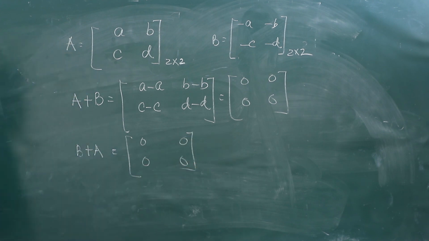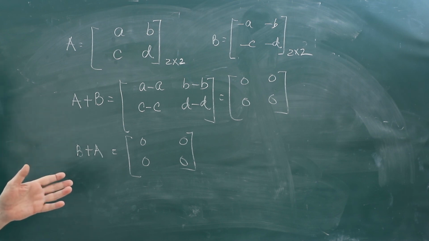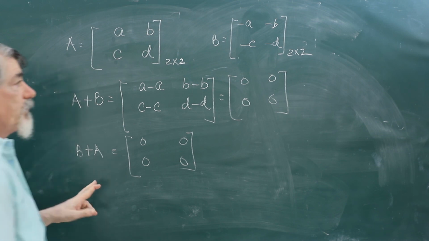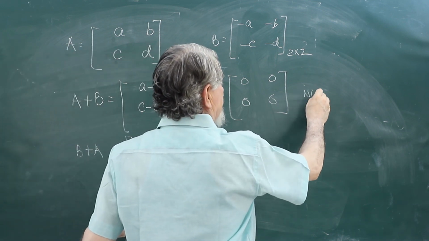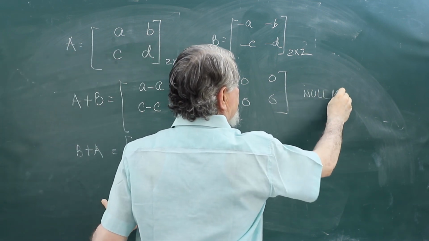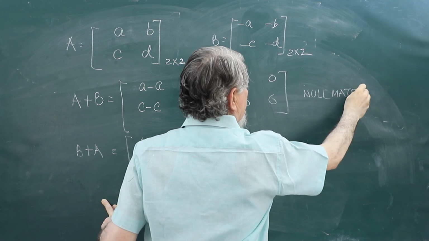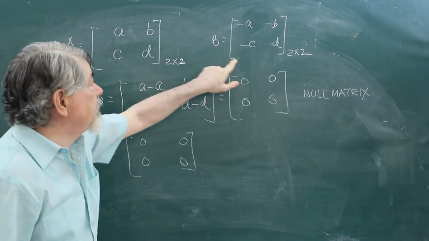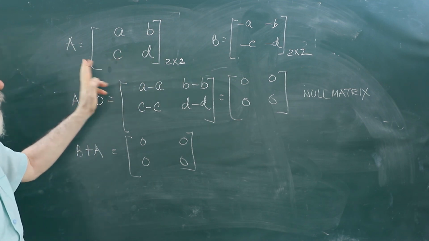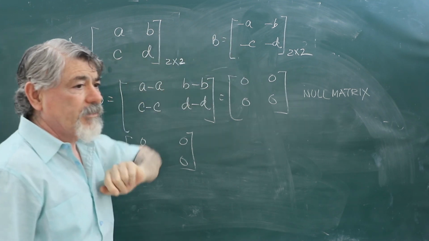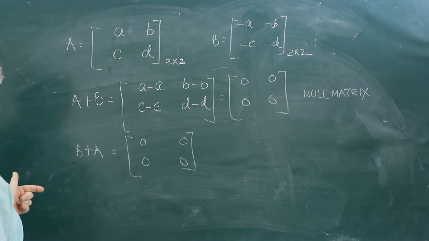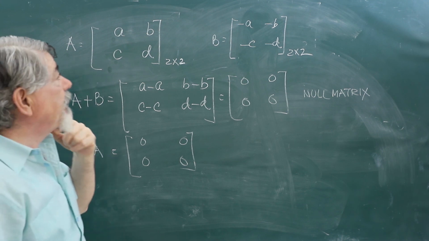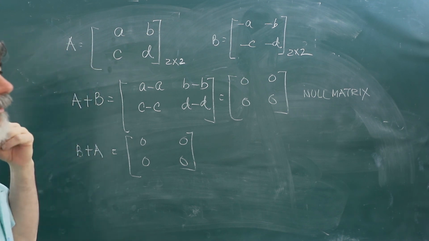So if it happens that on addition of two matrices, we get the answer as a null matrix, then we say that B is the additive inverse of A, or A is the additive inverse of B. Identity was a null matrix.